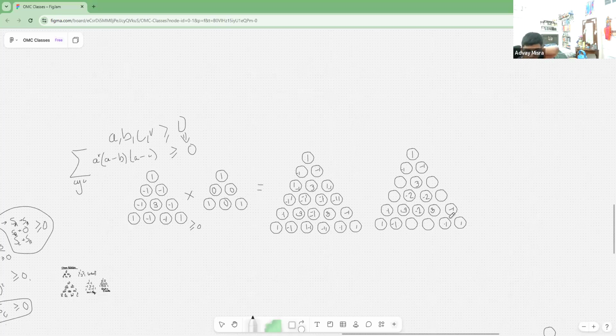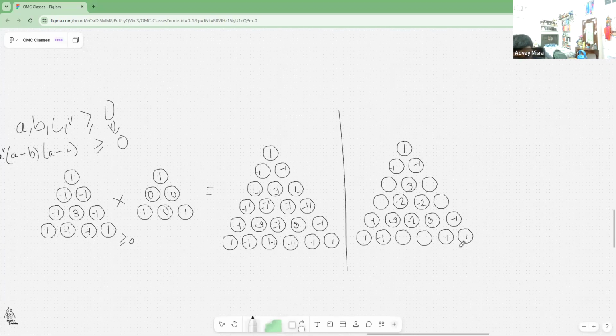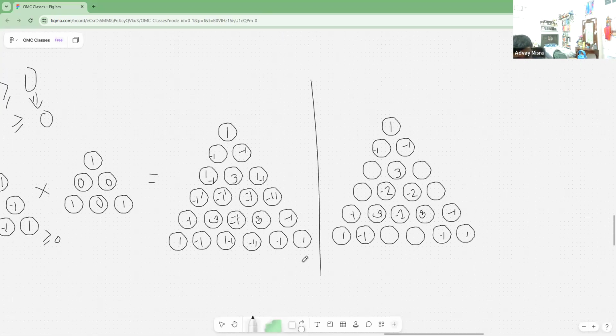Now this is the product of these two expressions, and we know that these two expressions are both non-negative, so this is non-negative. But if we didn't know that this was the product of those two expressions, it is a little difficult to spot that it is that product.